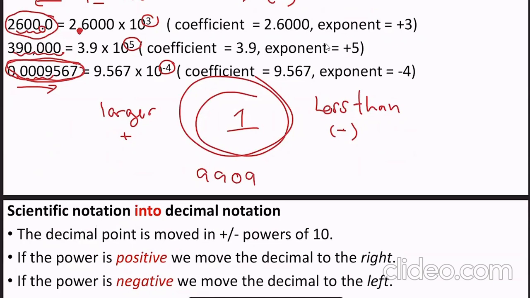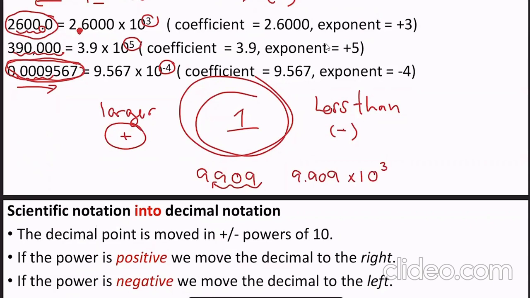Well, this value is definitely larger than 1, which means that my exponent is going to be positive. I'm going to adjust my decimal so that I get a coefficient that's greater than or equal to 1. And I know my exponent's positive because this value is larger than 1.